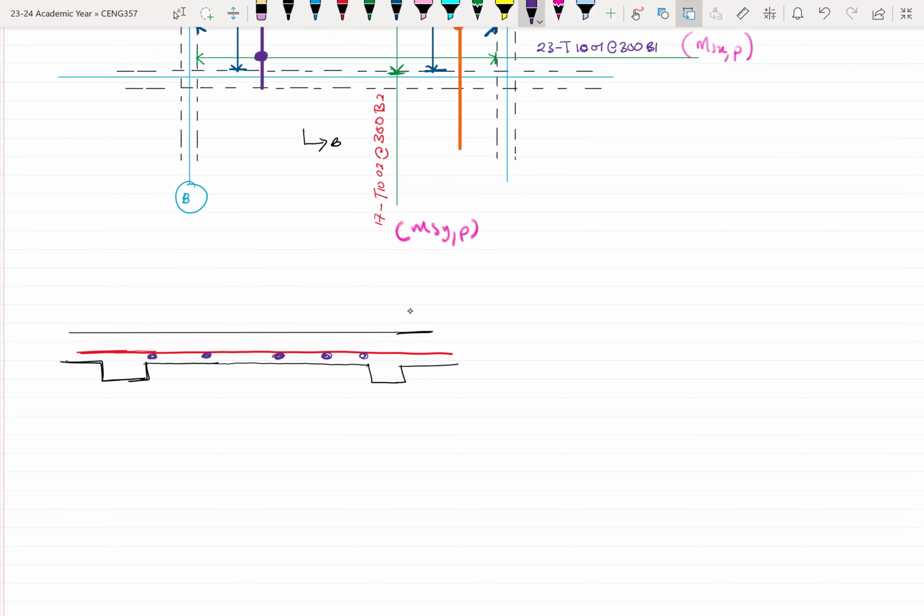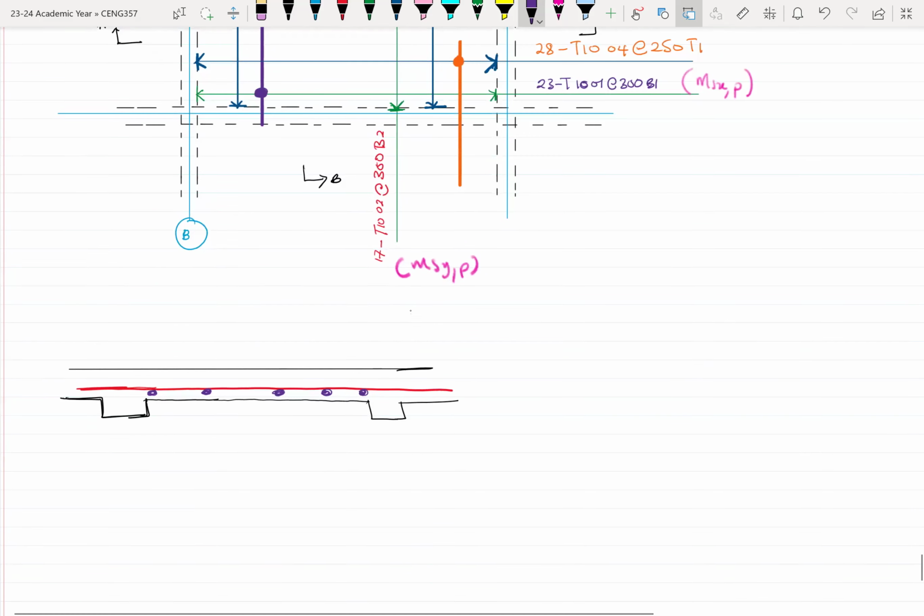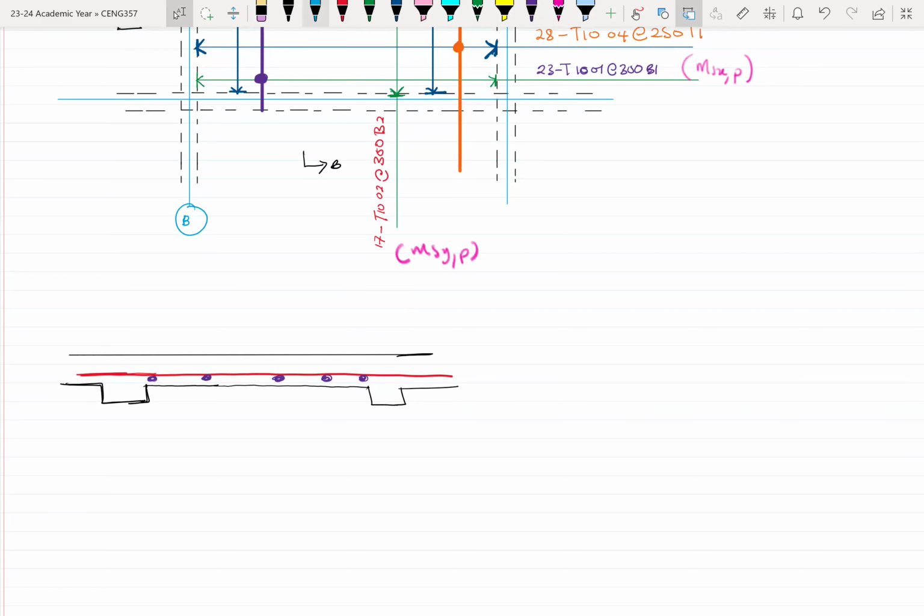This is for the bottom. All right, so basically I think I named this one bar mark 1. So this is bar mark 01, and then this here is bar mark 02.